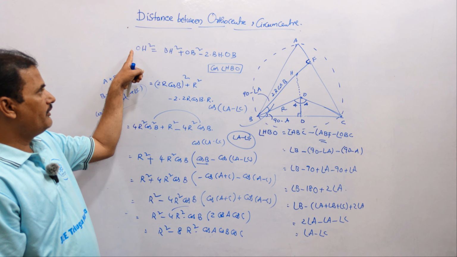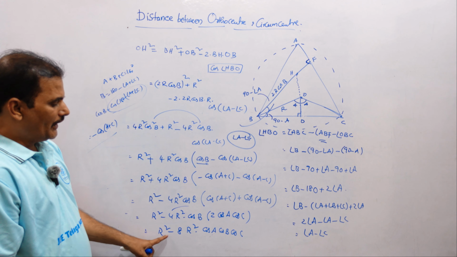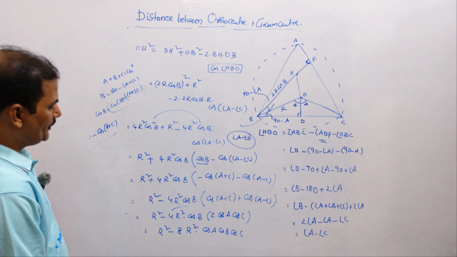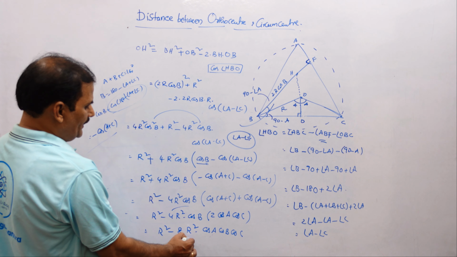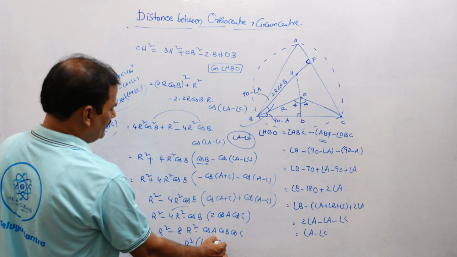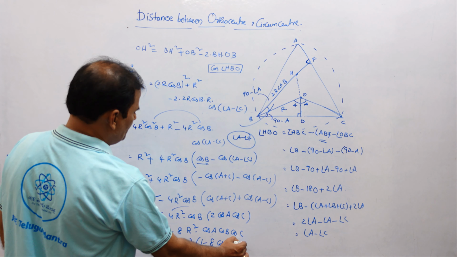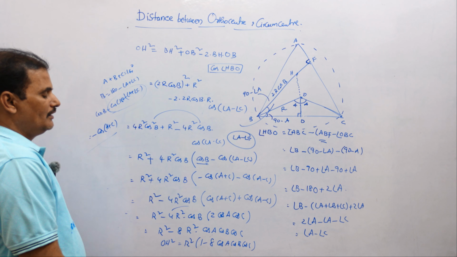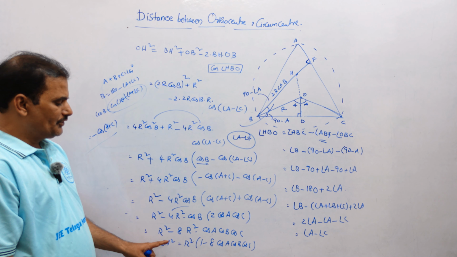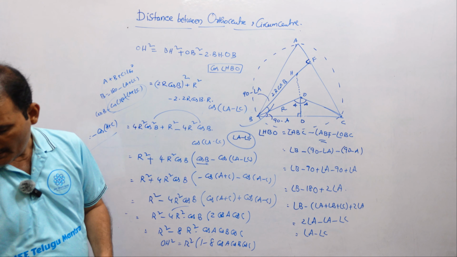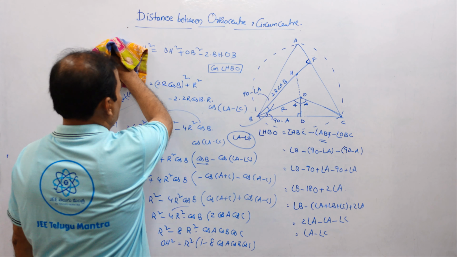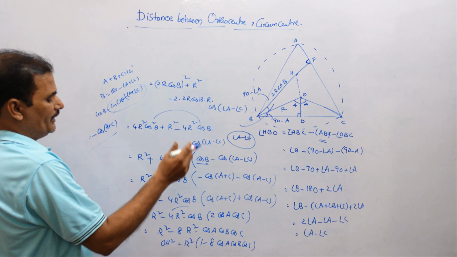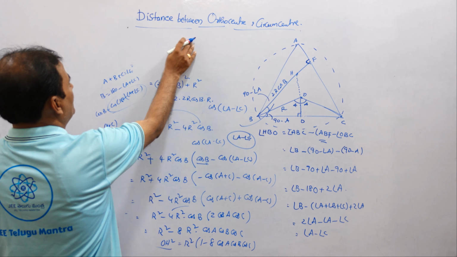Finally we find OH square is equal to R square minus 8R square cos A cos B cos C. Take R square common: R square times 1 minus 8 cos A cos B cos C. This is OH square. From this, removing the square root, we finally obtain the formula for the distance between the orthocenter and circumcenter.